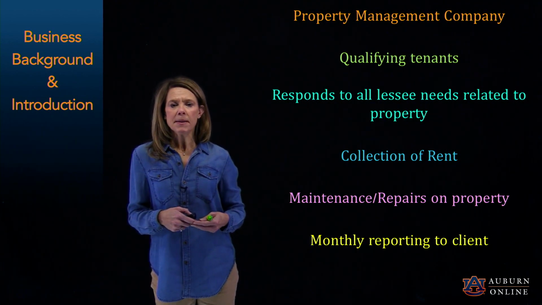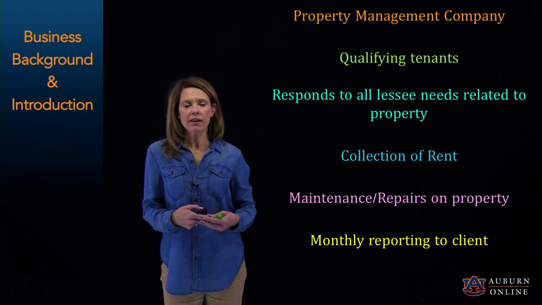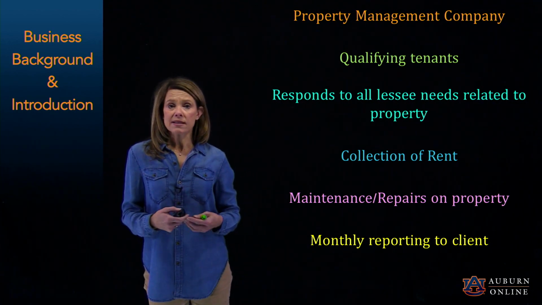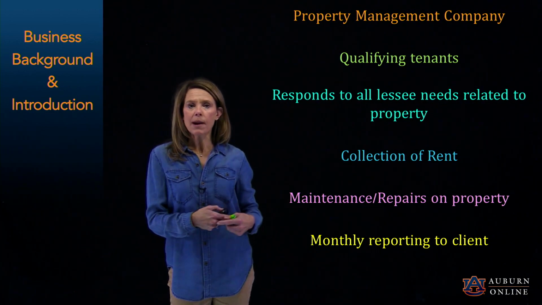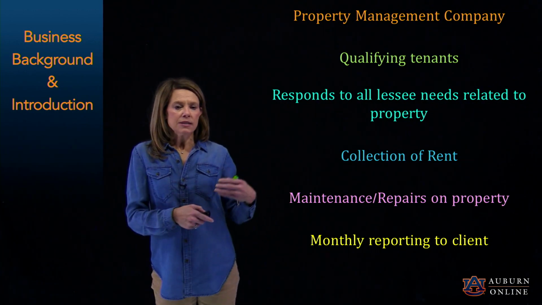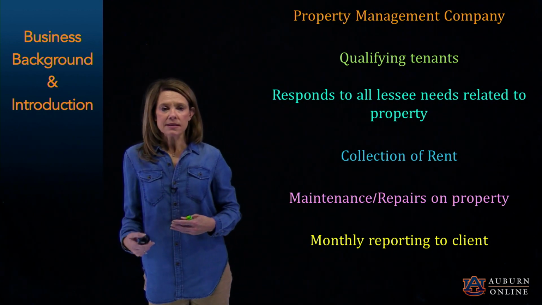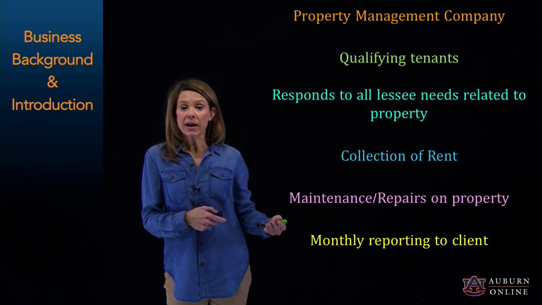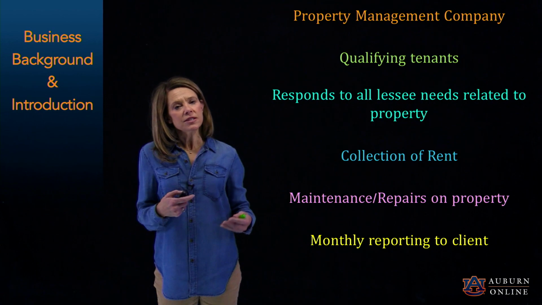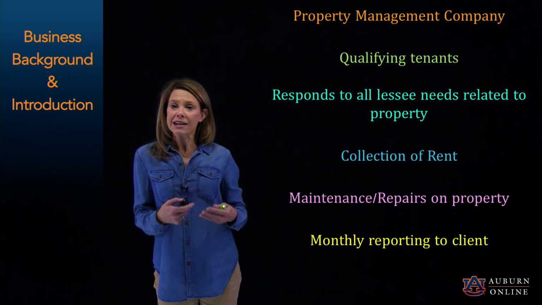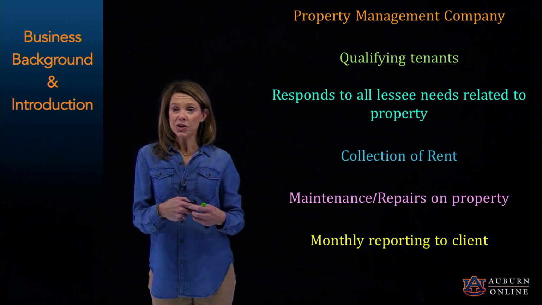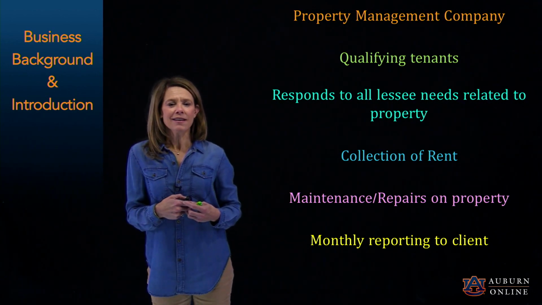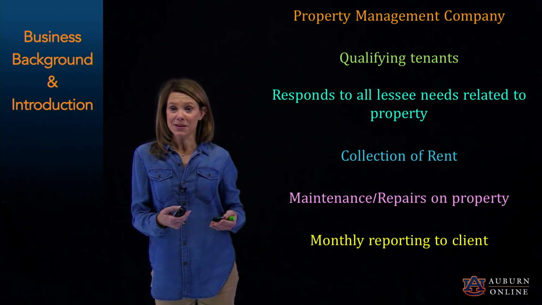And then at the end of the accounting period, usually that's a monthly period, they are turning around and making a report to the property owner that says, look, this is who we have in your property. We collected this amount of rent. We had this amount of expenses. And the difference between the two is what they would give back, of course, after they've deducted their portion that they make from managing the property.